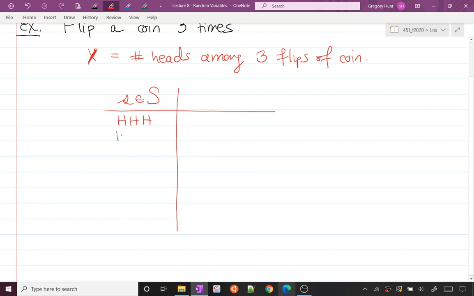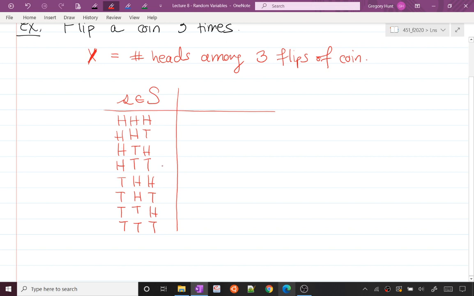I can write heads 4 times, tails 4 times. Then I can start alternating, heads twice, tails twice, heads twice, tails twice, then heads, tails, heads, tails. That's just a little binary computer science trick for enumerating my sample space.